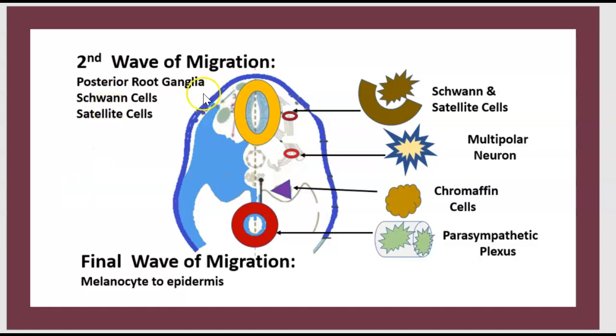The second wave of migration gives posterior root ganglia, Schwann cells, and satellite cells. And the final wave of migration gives melanocytes to the epidermis.